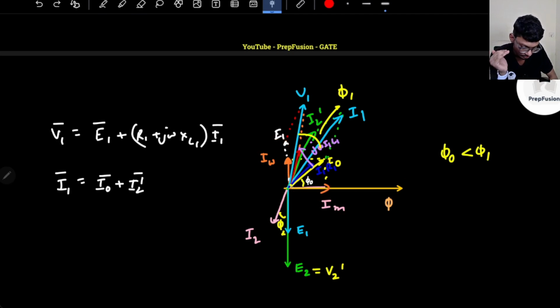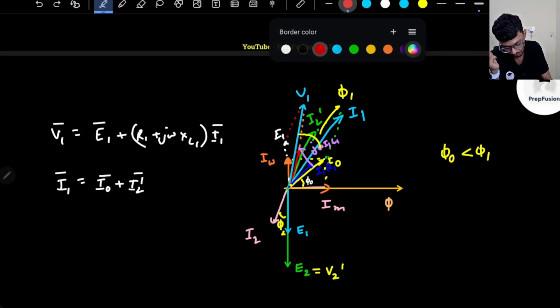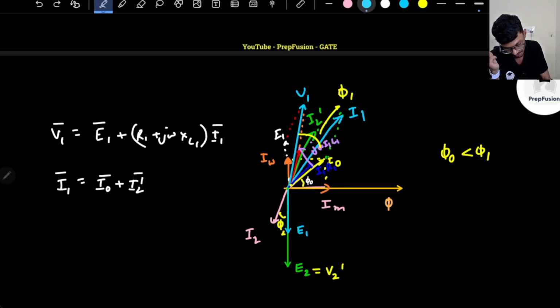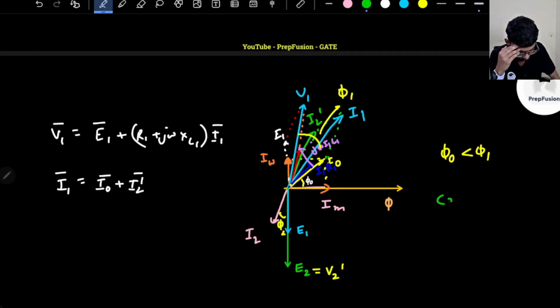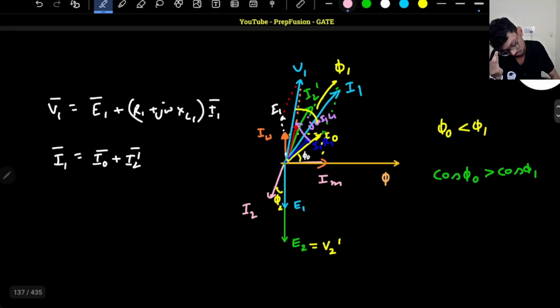That's why the resultant will be inclined more towards here. So phi 0 will be less than phi 1, and basically my cos phi 0 will be greater than cos phi 1.